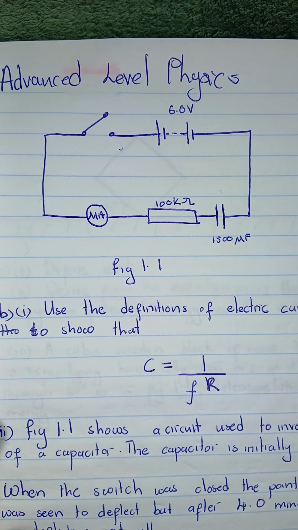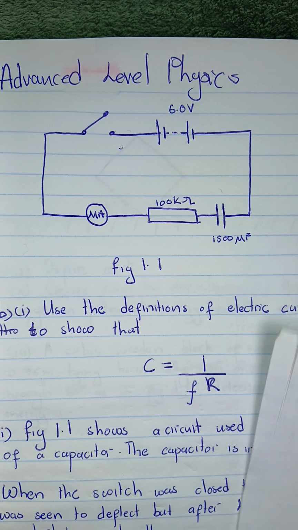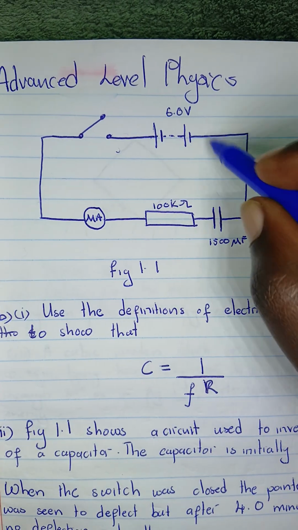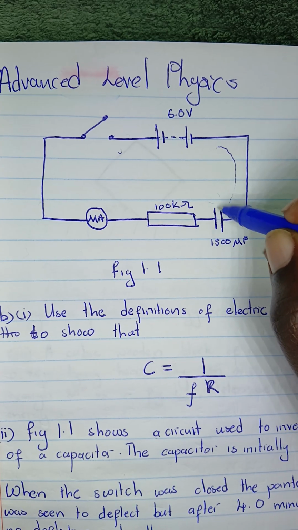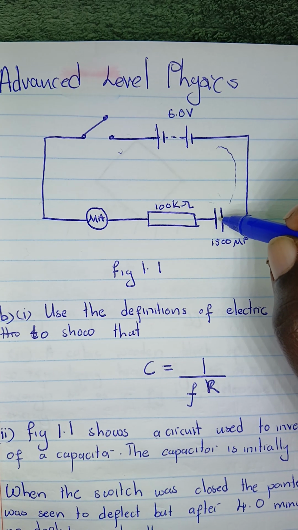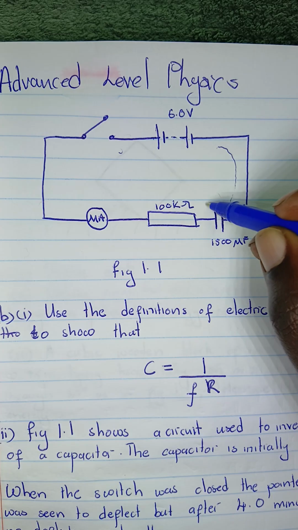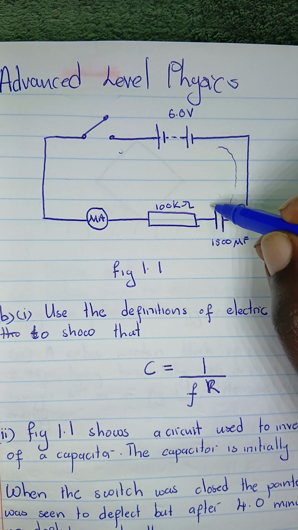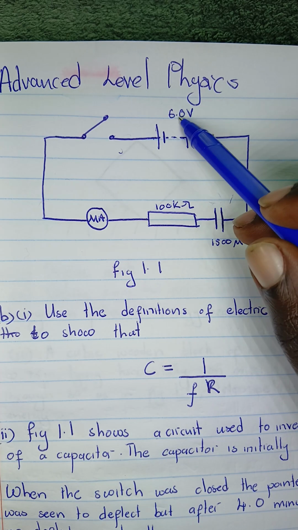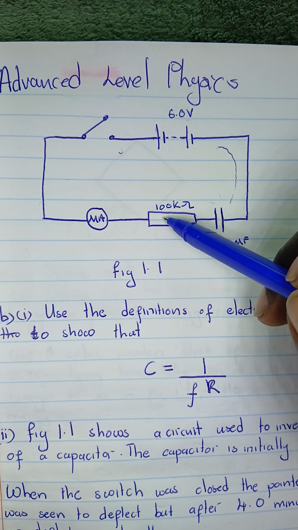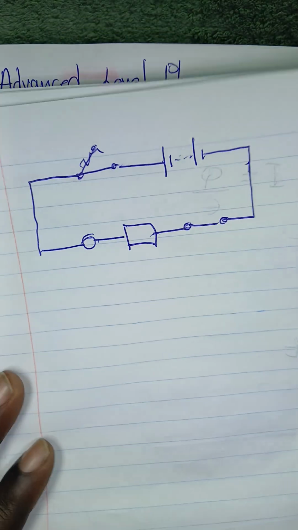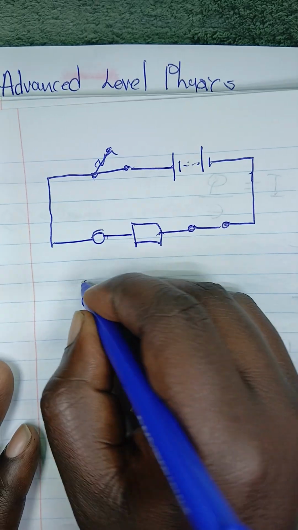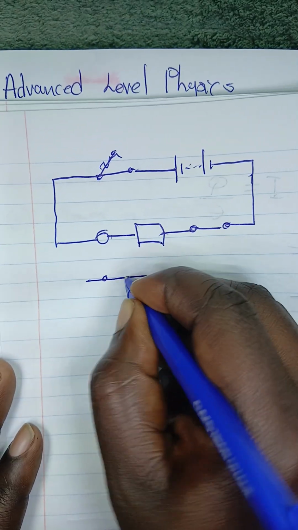So in the second instance, after 4 minutes, as the current is moving in this circuit, the capacitor is charging. When it's charging, the voltage across the capacitor is increasing until the voltage across the capacitor is equal to the voltage across the battery, and the current stops moving. So the capacitor will now act like an open circuit. So this is a closed circuit.